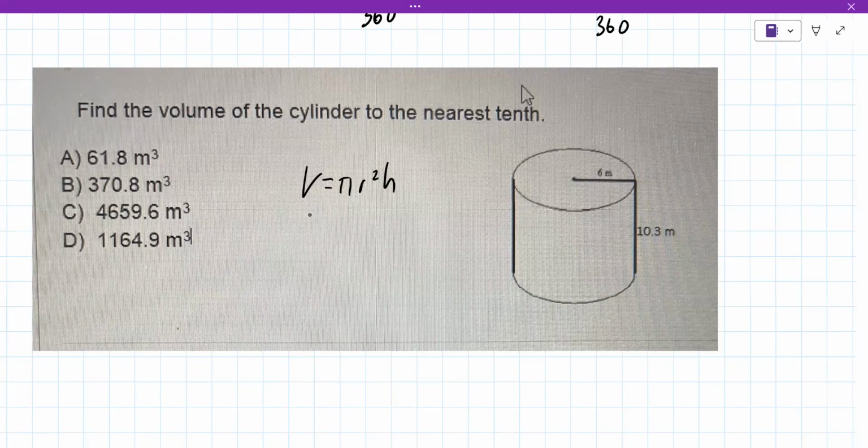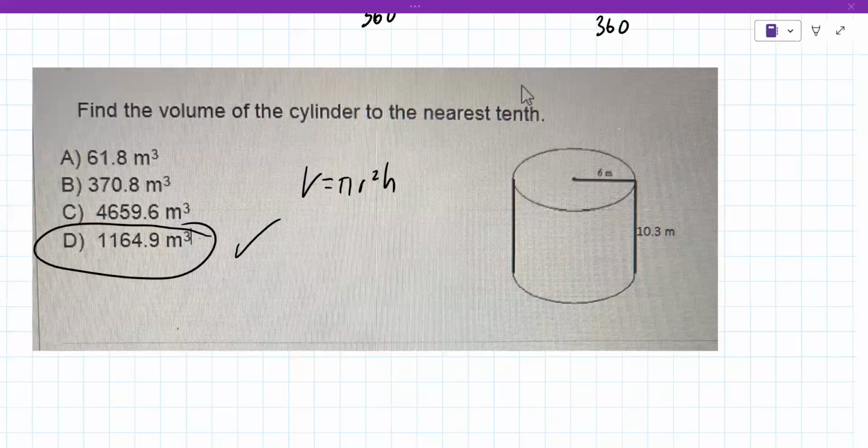Okay, I got D. Any concerns about that? No. Yeah, it looks right. You can almost estimate the answer in some of these because the multiple choice answers are so far apart.